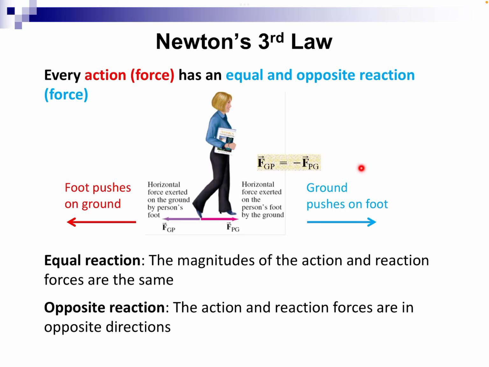The reaction force is always in the opposite direction to the action force. If our foot pushes on the ground to the left, the ground then pushes on our foot to the right, with equal magnitude.